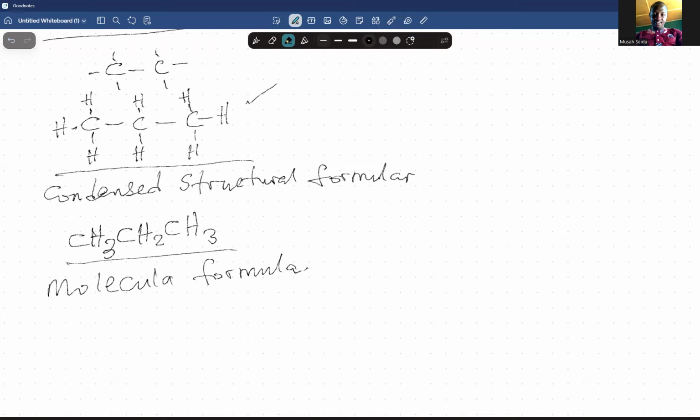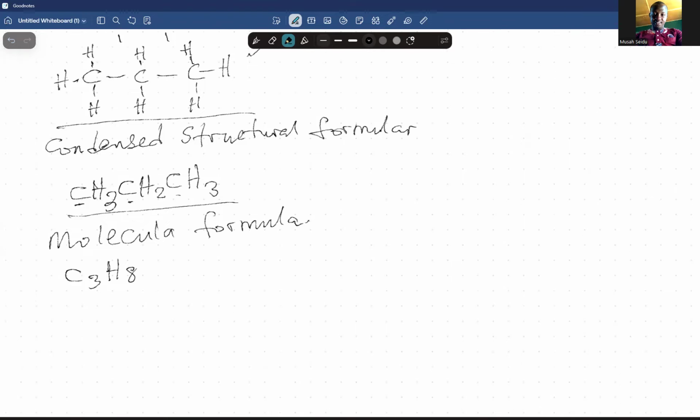From the condensed structural formula, I have 1, 2, 3. So I have 3 C's, and I have to write it. And then the H, I need to count the number of H in total. So I have 3 plus 2 plus 3, which is 8. That is my molecular formula.